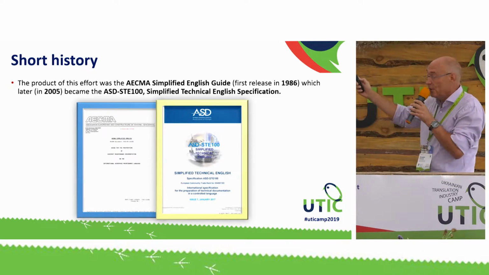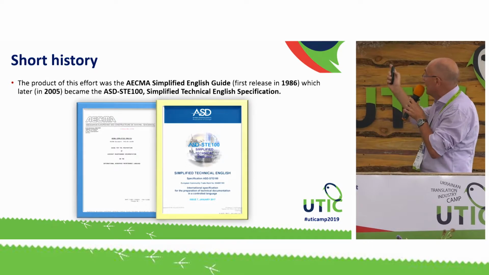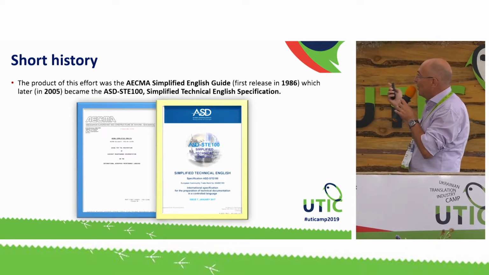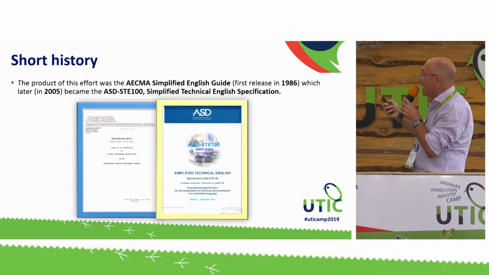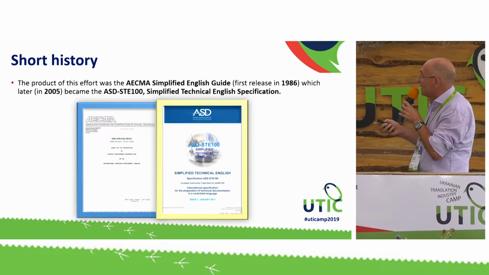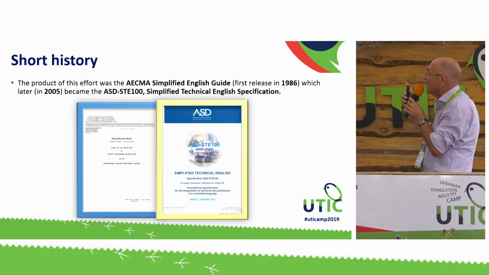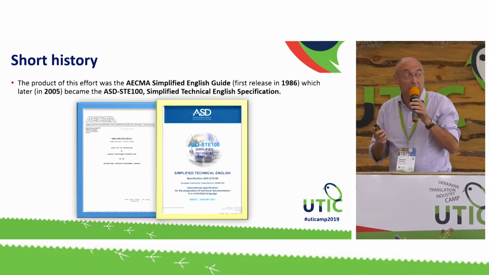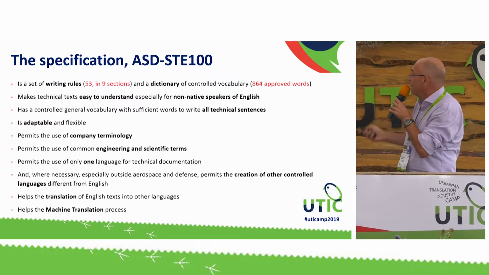You can see the cover sheet of the first issue, 1986. Later, we changed the name from AECMA Simplified English to ASD-STE100, Simplified Technical English, no longer a guide but a specification, an international specification.